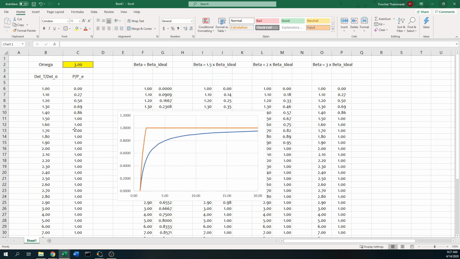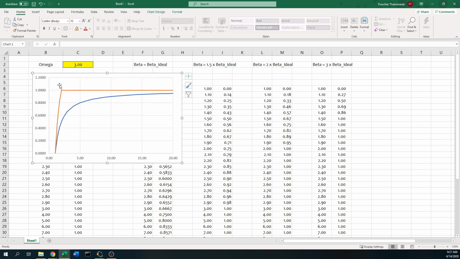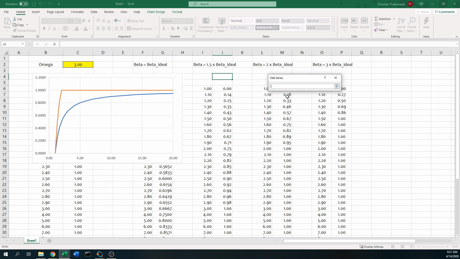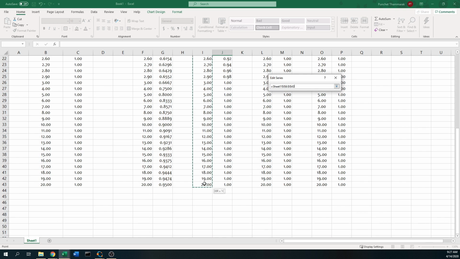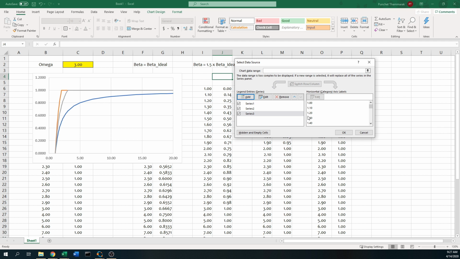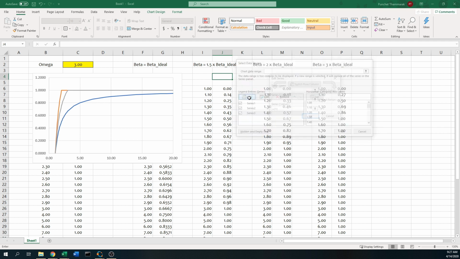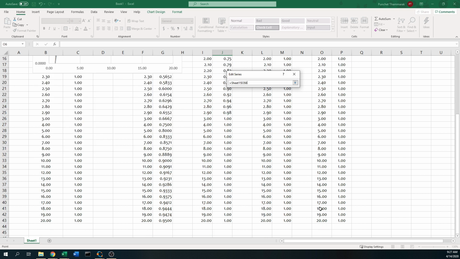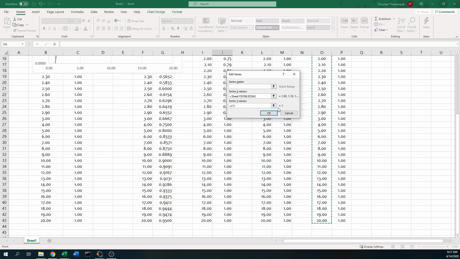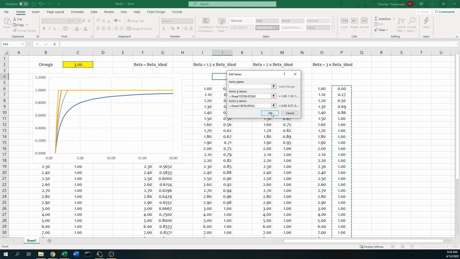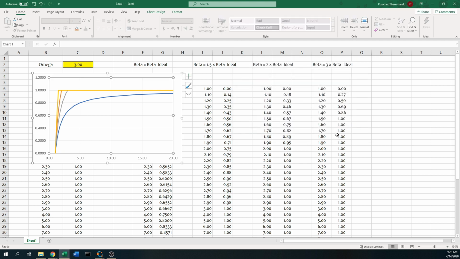Okay, 1.5 and 3. So add these two in and we finish up. 1.5 is this one. Okay, and add one more in, the 3. So the 3, okay, just that.